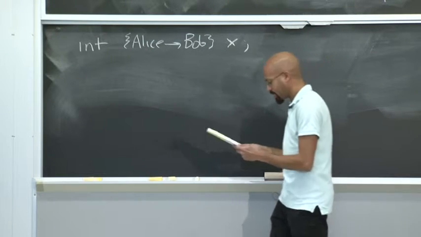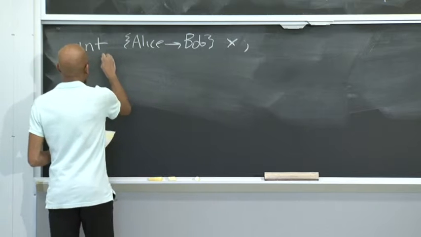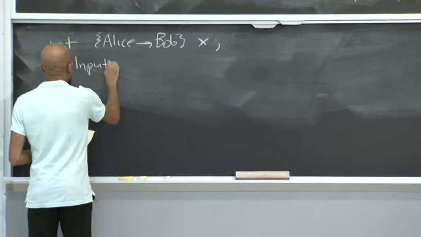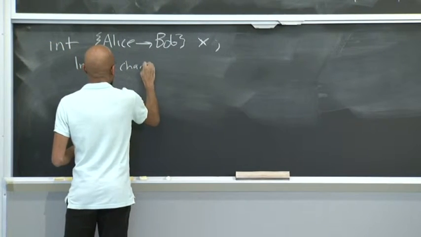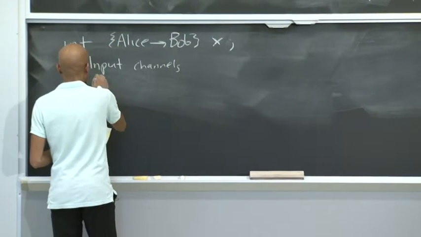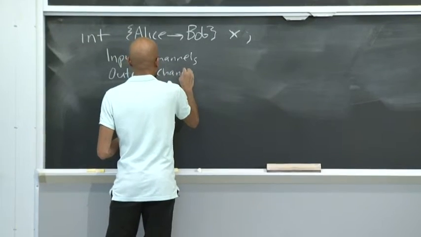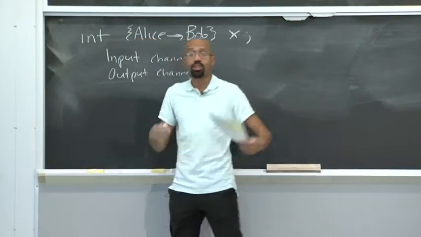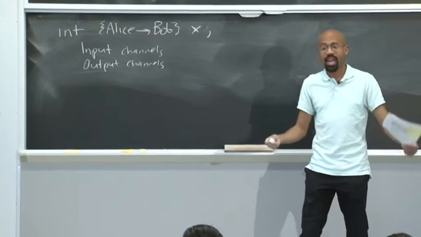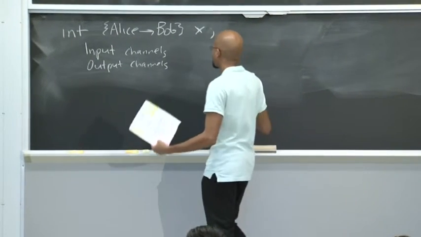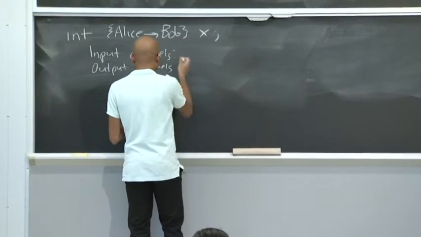And then you can imagine that your program has various input channels and output channels. And all of these input and output channels, they all have labels too. And these are labels that you as the programmer get to actually pick, as opposed to the system itself trying to say, here's this predefined set of things.